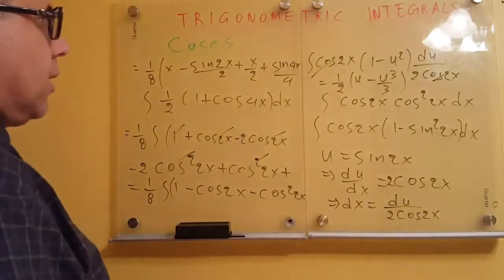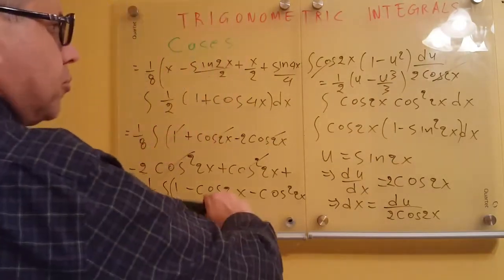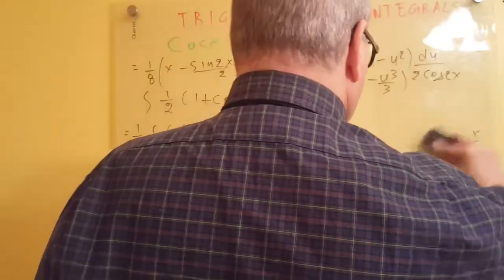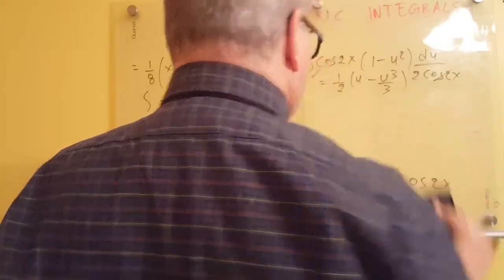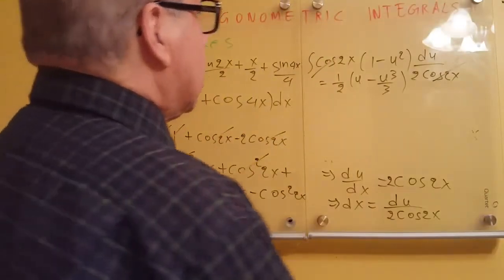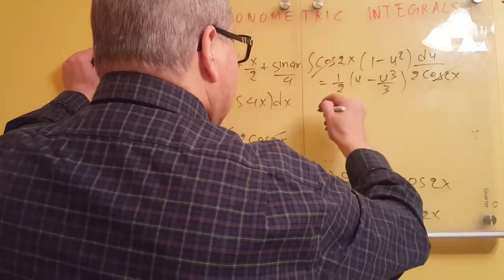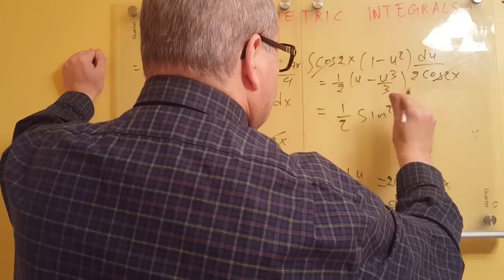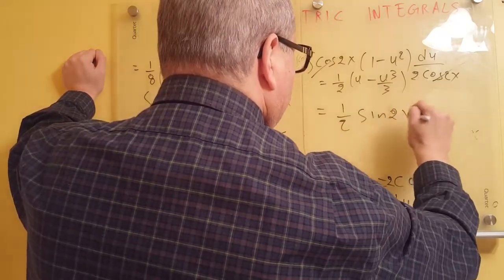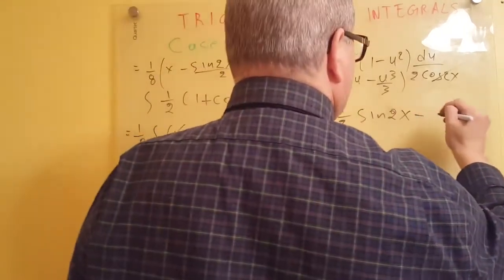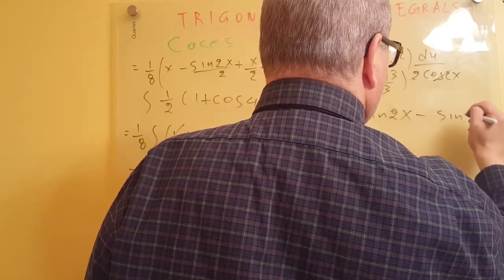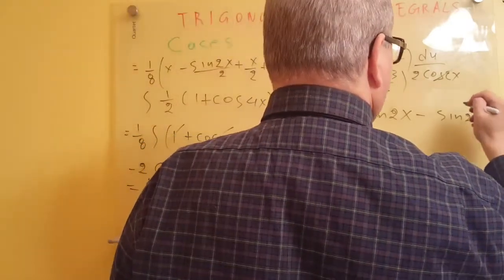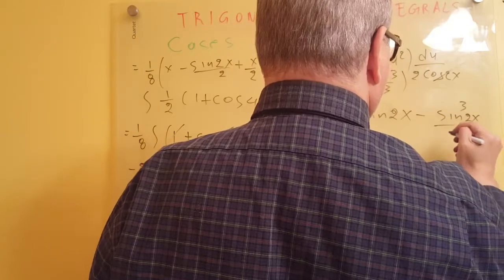So, and finally, if we go and we substitute back wherever u equal with sine 2x, which is what we substituted in the beginning, we'll have that this will become equal with 1/2 sine 2x and minus sine 2x to the third over 6.